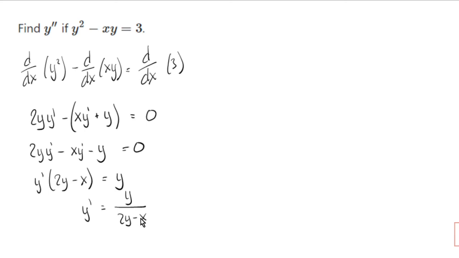Now we want to find the second derivative, so the derivative of the first derivative. So we have a quotient. We're going to apply the quotient rule here.